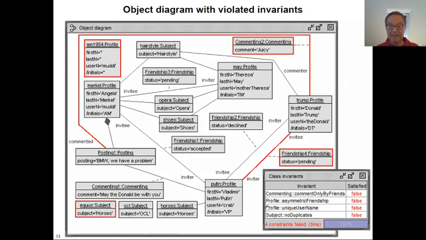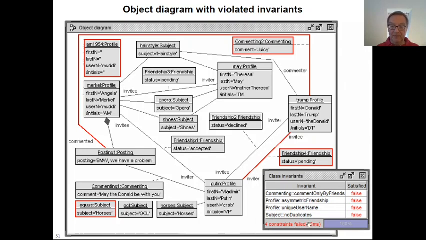The third invariant fails. I have inserted here another profile object, and this profile object has the username Moody, and the username Moody was already used in the Merkel profile object, and so username Moody occurs twice, and this violates the requirement that we will have unique usernames.